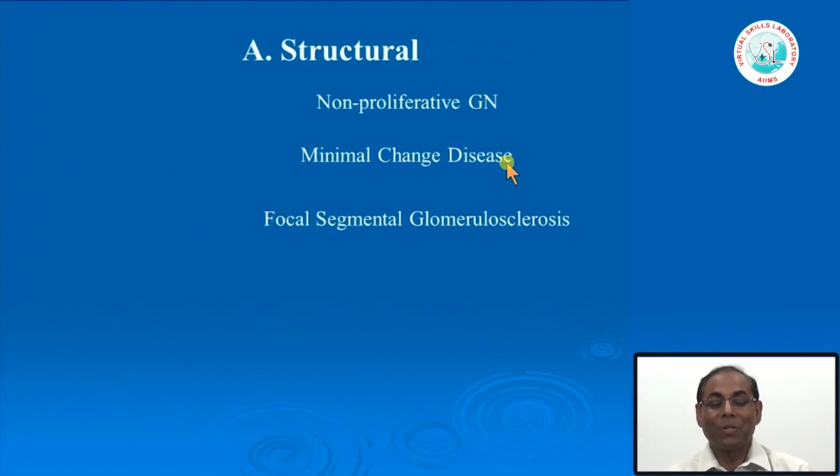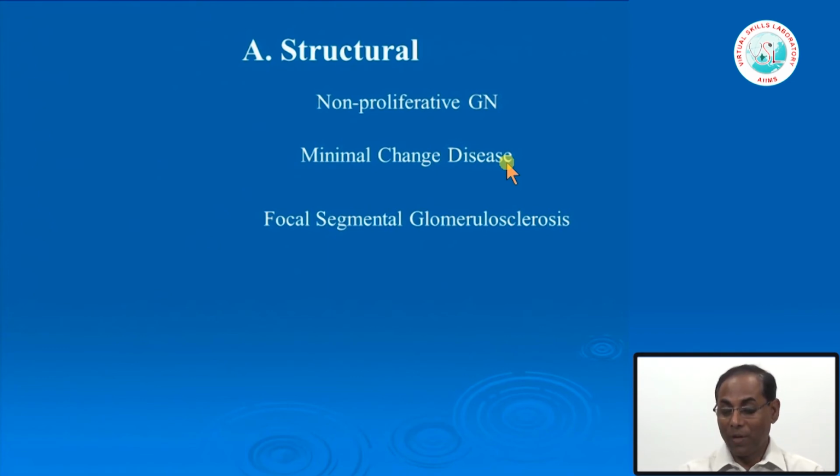And then another situation occurs where some of these glomeruli show segmental sclerosis. Obviously less than 50% of glomeruli, that is why focal, and segmental glomerular sclerosis, that they are sclerosed. So this entity is called FSGS, focal segmental glomerular sclerosis.